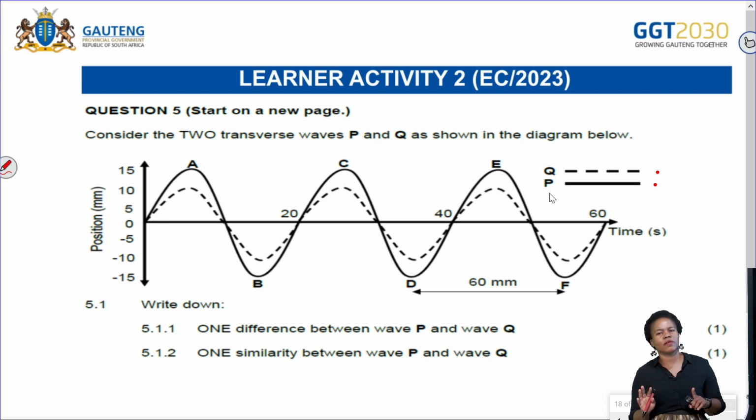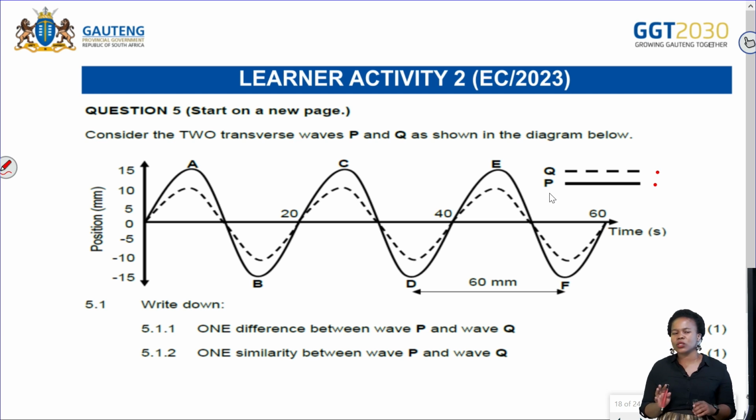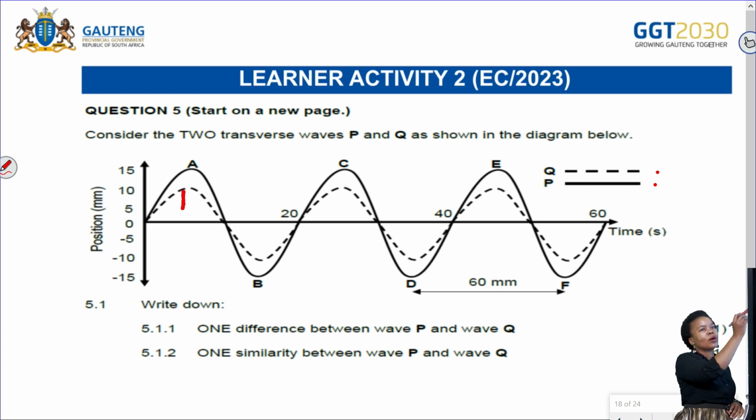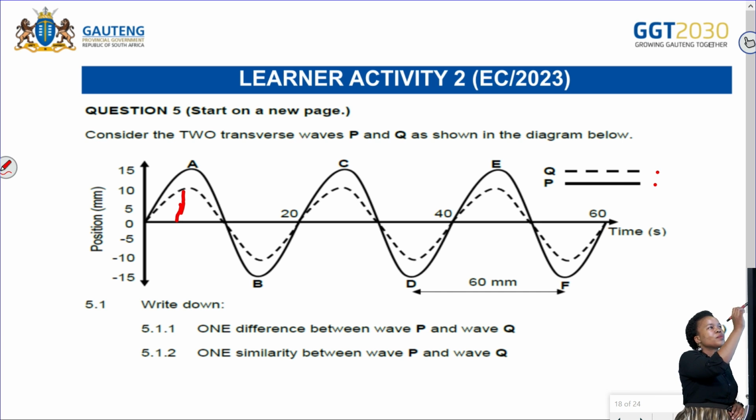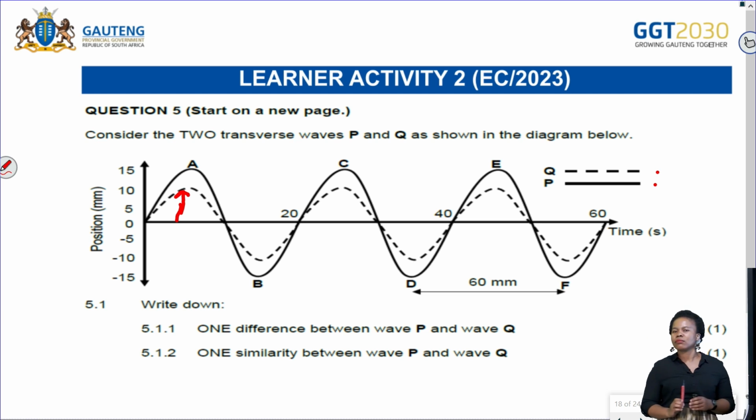You look at your wave, and the difference is with regards to the amplitude. The amplitude for the dotted one, Q, is smaller because it's approximately 10 millimeters.